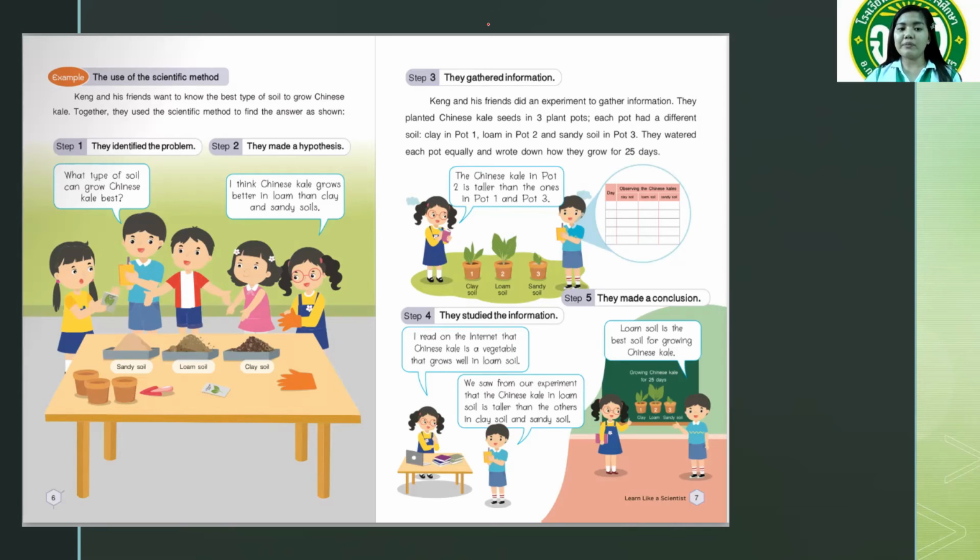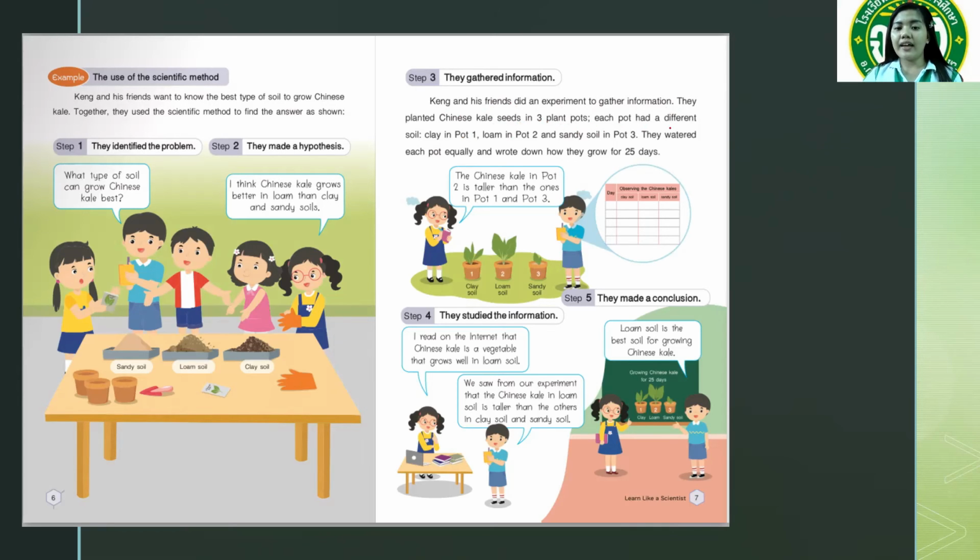Using her own knowledge, she tried to make a hypothesis. Okay, let's move on to number 3. So they gathered information. Kang and his friends did an experiment to gather information. They planted Chinese kale seeds in 3 plant pots.